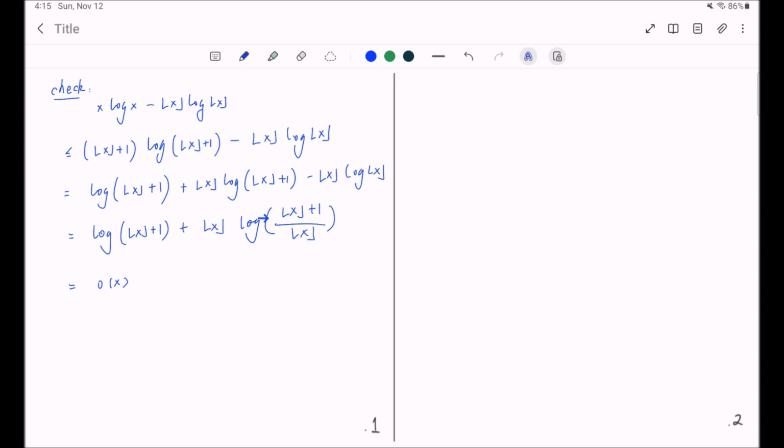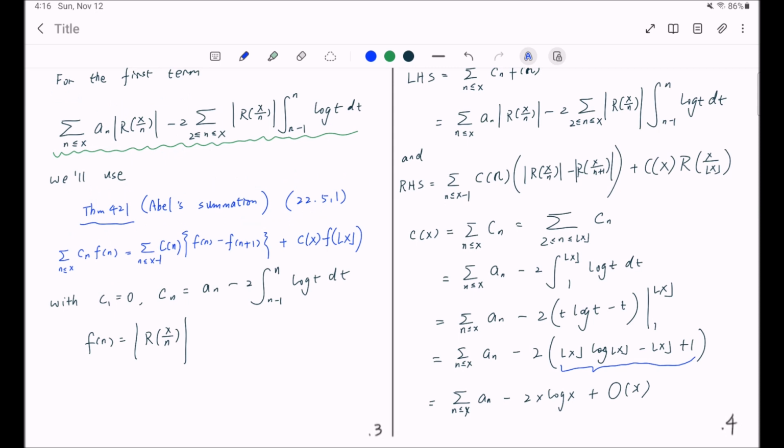This part alone will go to 0 as x goes to infinity, and this part is bounded by 1 after dividing by x. So they together will be a little o of x. But this part here is a big O of x. So they together is minus 2x log of x plus big O of x. So we verified this part.